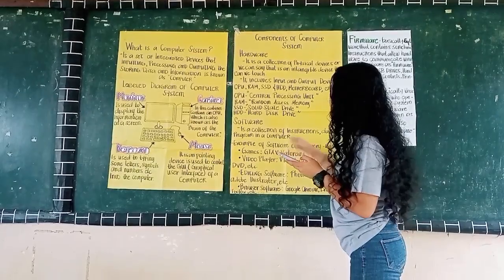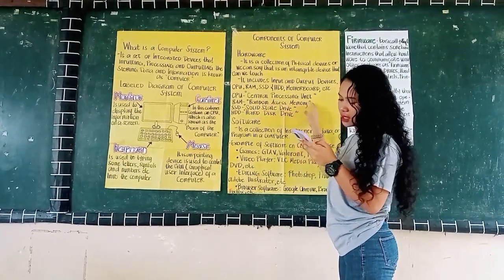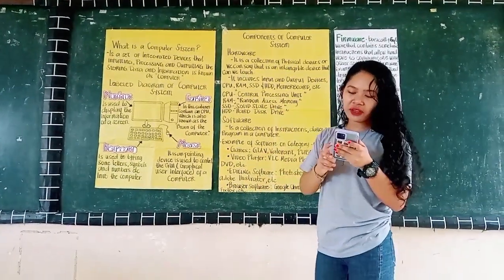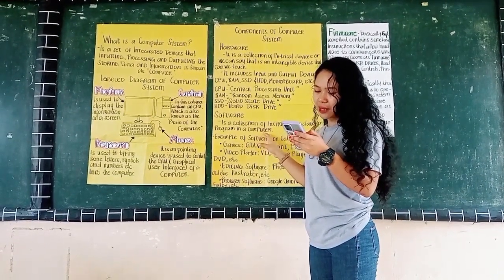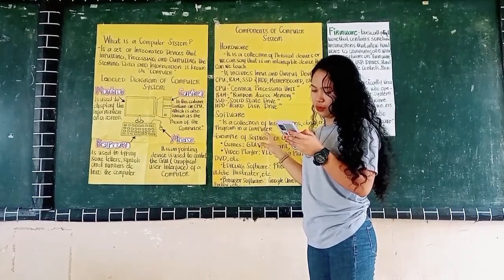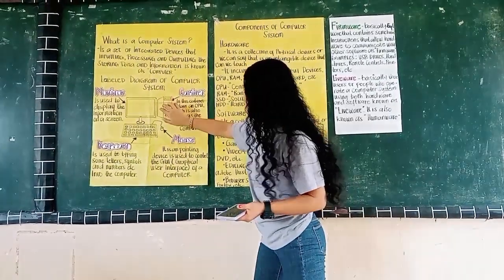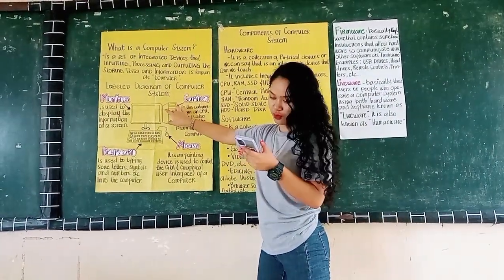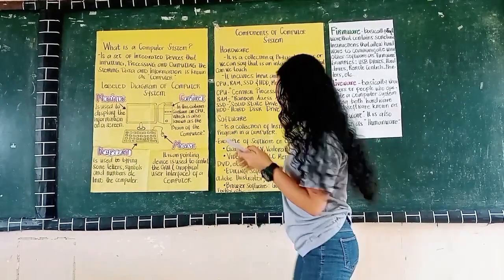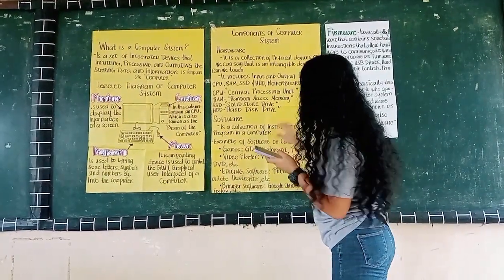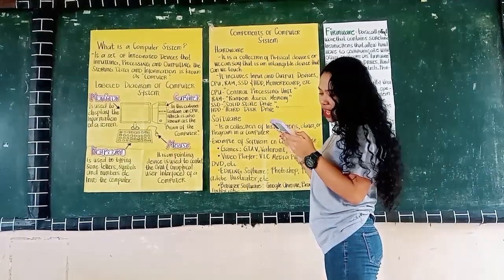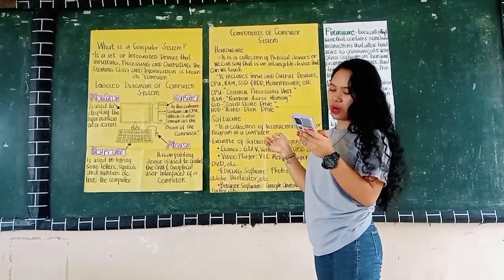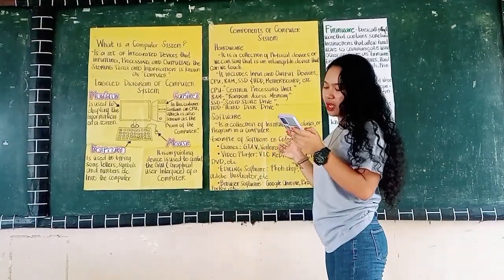So let's talk about the CPU, which is the central processing unit, the hardware device that is placed in a motherboard and is also known as the brain of the computer. So nakapaloob yung CPU. Next is RAM, which is the random access memory, also a hardware device placed within the motherboard.